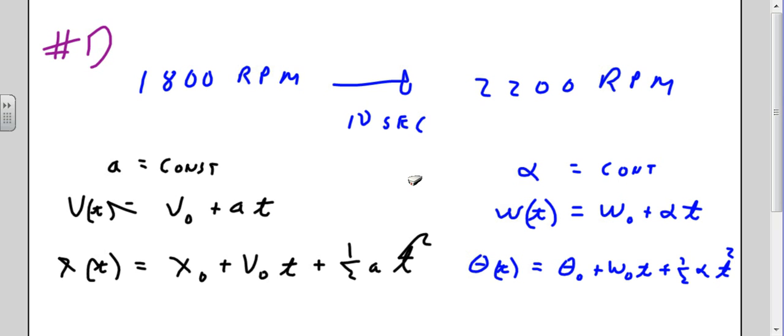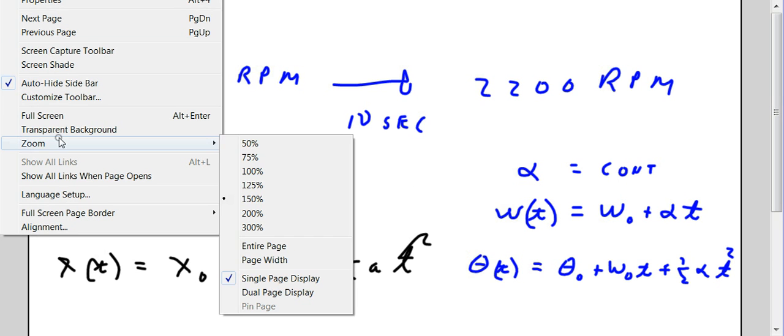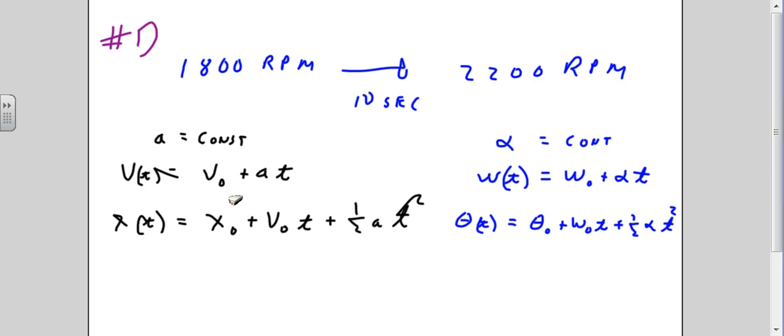So quit writing on the side. All right, here we go. View, zoom. There, is that better? Yeah, you can see alpha t squared there now. All right. Well, that's a horse of a different color.